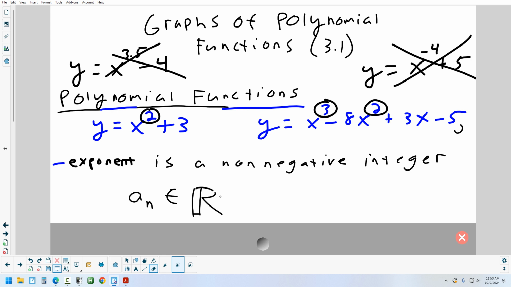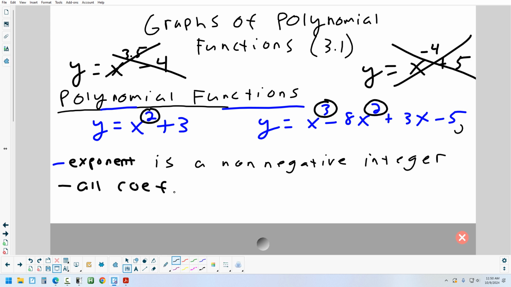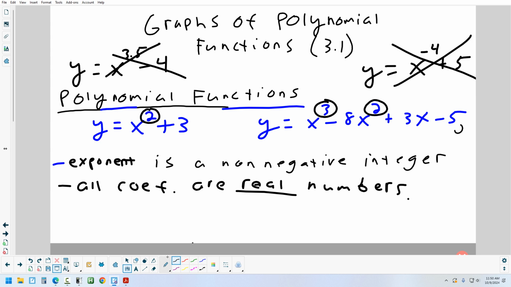Also, all the coefficients are real numbers, like 1, -8, +3. You could not have something like 2i x squared minus 5x plus 7. 2i is not a real number.